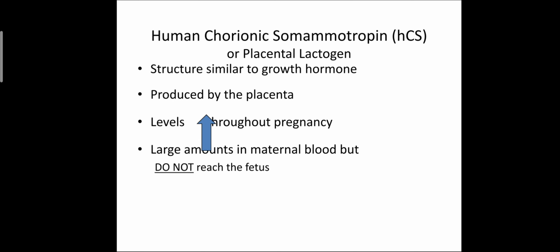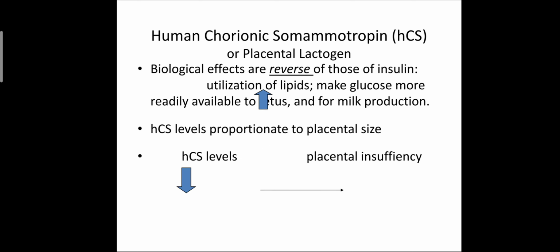Then what is the function of human chorionic somatotropin, that is placental lactogen? Its structure is similar to the growth hormone produced by the placenta. Level increases throughout the pregnancy. A large amount is found in the maternal blood but does not reach the fetus. Biological effects are the reverse of those of insulin.